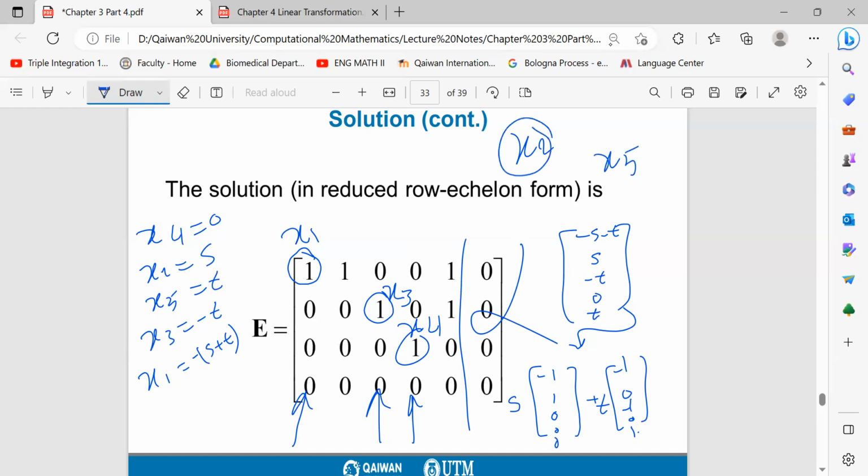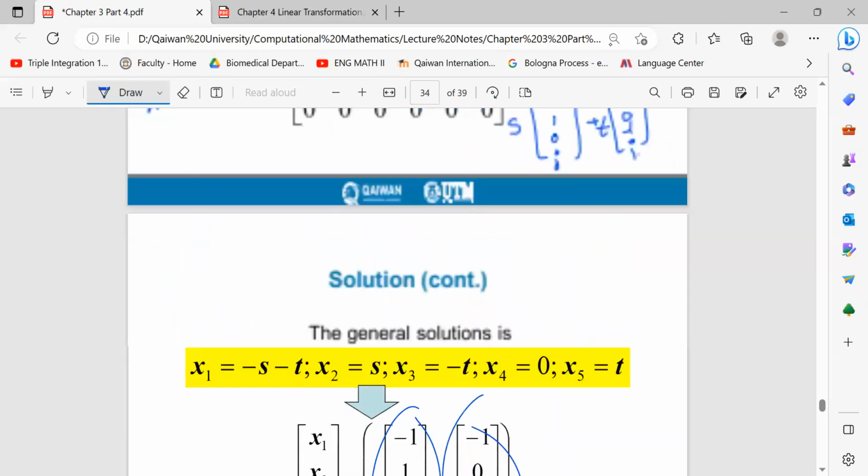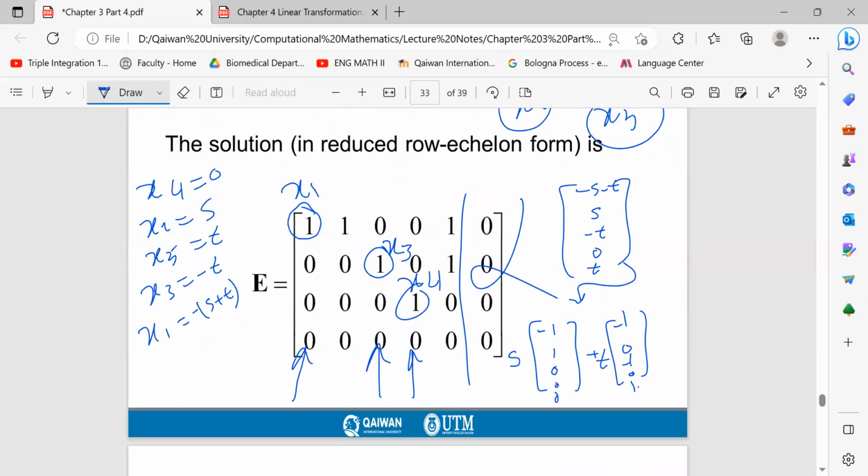That means how many free variables do you have? 2. So the rank of the null space, or the nullity, is 2. The rank of the column space is 3, and the rank of the null space is 2.